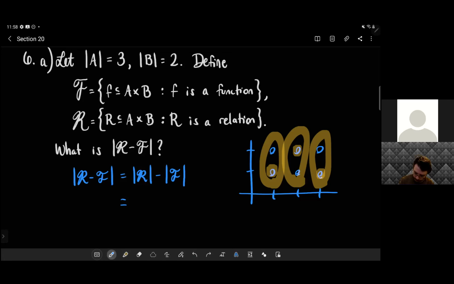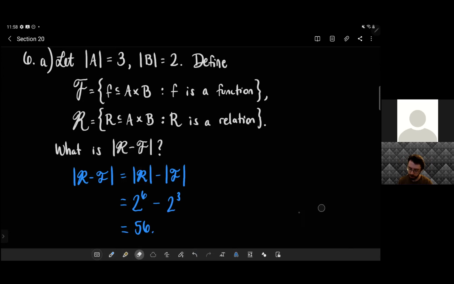So what you get is, what did I say for the first one? 2 to the 6th. And then for functions, it was 2 cubed. So what's that, 64 minus 8, I guess? There are a lot more relations than functions.